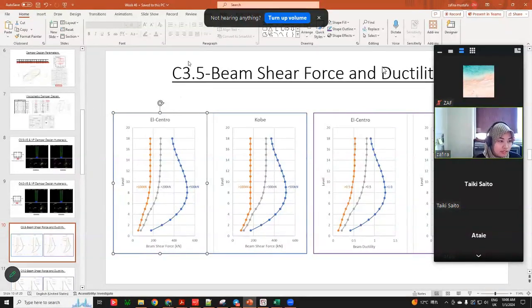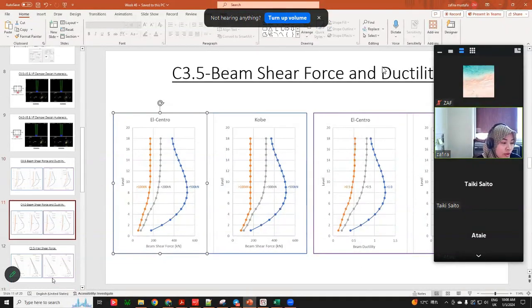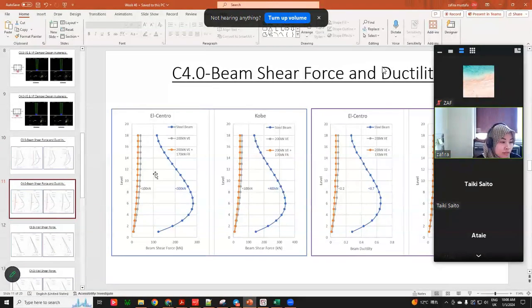So if we see the 3-meter beam, the longer beam, as we already said, the maximum force is 170. We can see the orange line is less than 170. And the ductility is written in this box. So it's actually less than 0.5. And if we compare the shorter beam, actually it performed better.